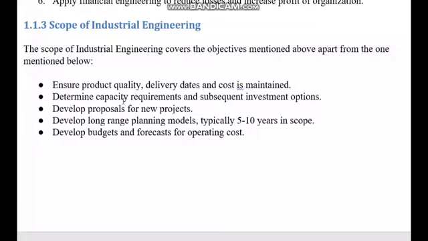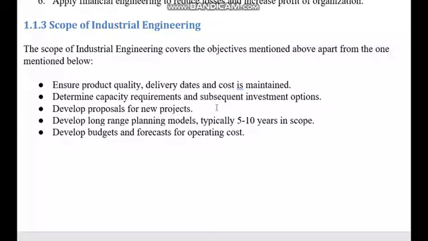Capacity requirements means, how much one machine, how many parts it can manufacture. You have to determine it. If you take a lathe machine and you're machining some brake shoe or something on that, how many brake shoes per 8-hour shift will you be able to produce? To determine that can be called determining the capacity requirement of the machine.